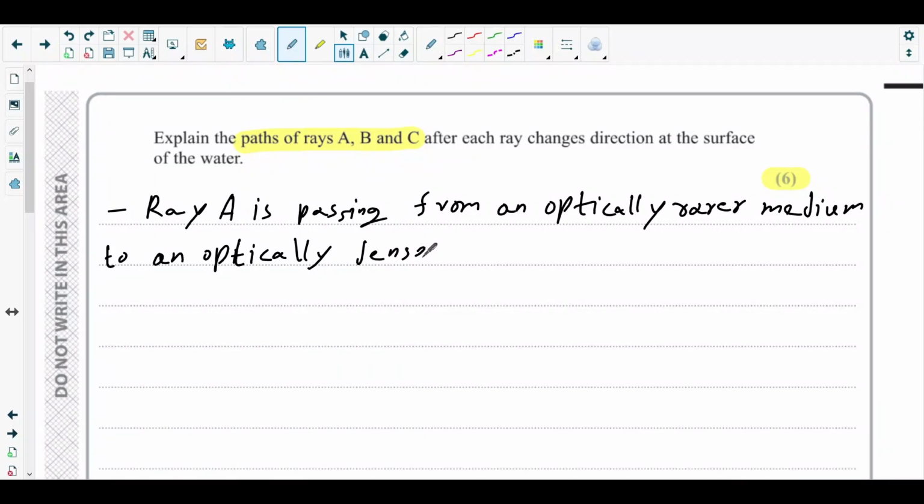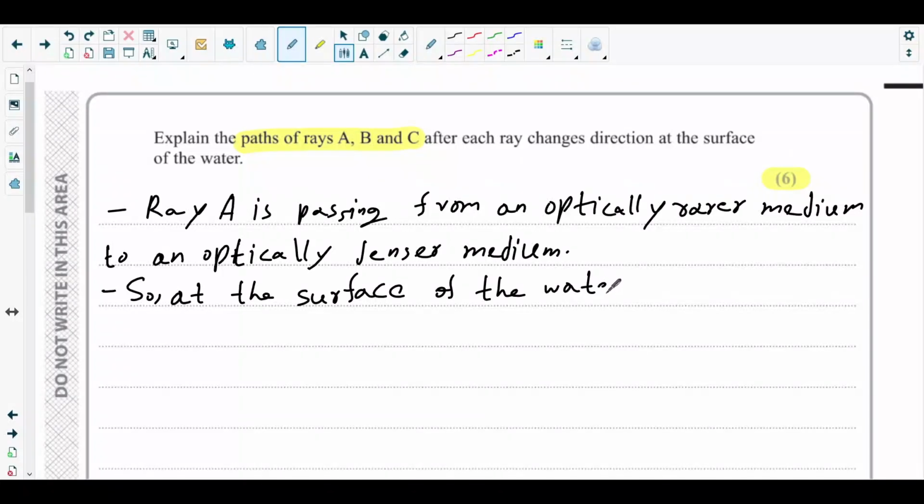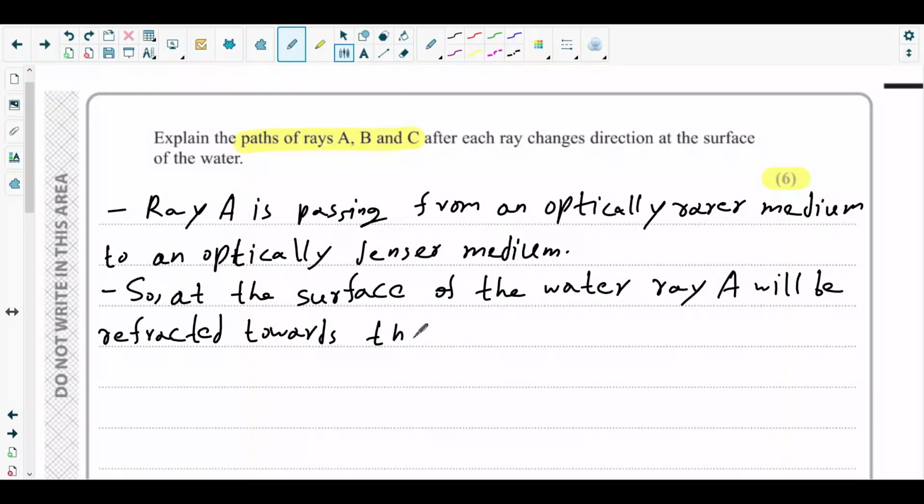This is the first point. Then, at the surface of the water, ray A will be refracted towards the normal. It will get refracted towards the normal.